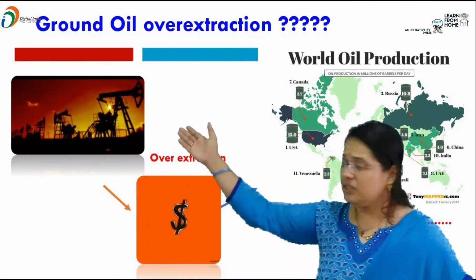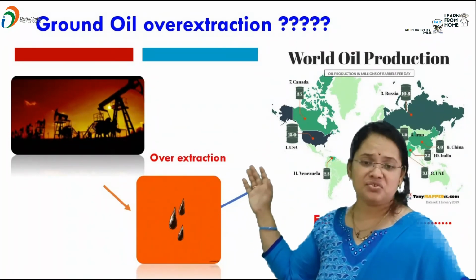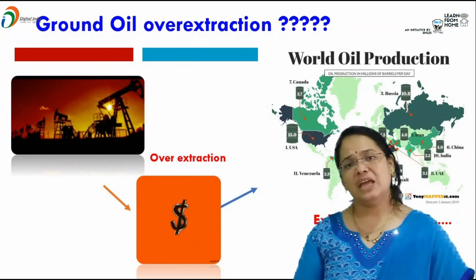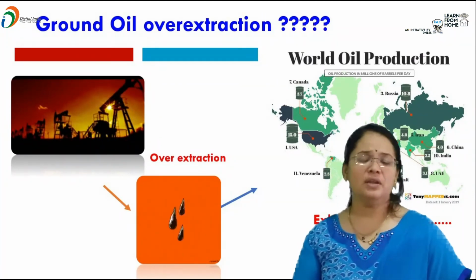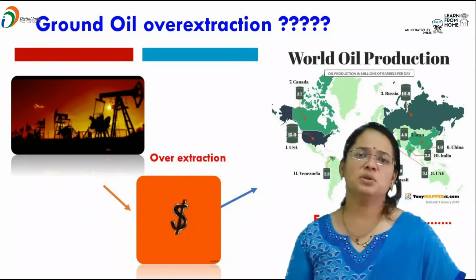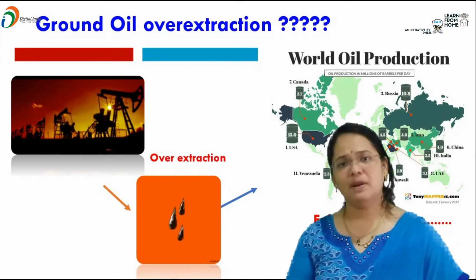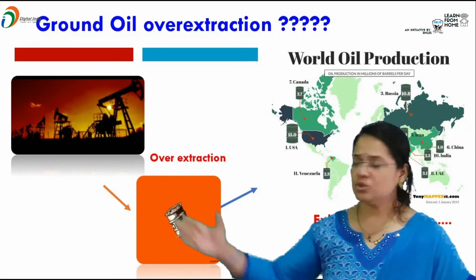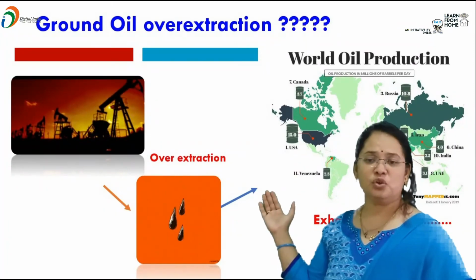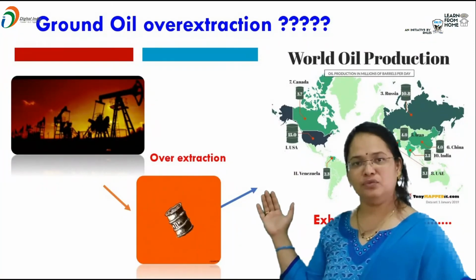Okay, so in the world different countries try to extract oil on a daily basis, and it is calculated yearly how they are extracting millions of barrels from the land, from the earth. And this over extraction leads towards the exhaustion of the oil on the earth.